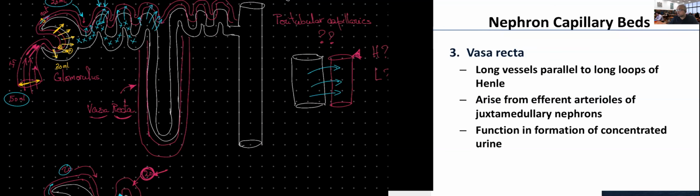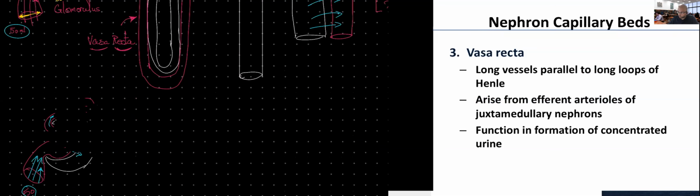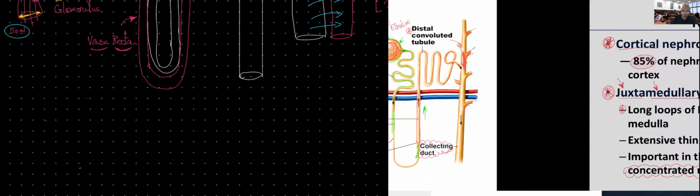Can you remind me what type of nephron did have long loops of Henle? Cortical nephrons or the juxtamedullary nephrons? You remember?